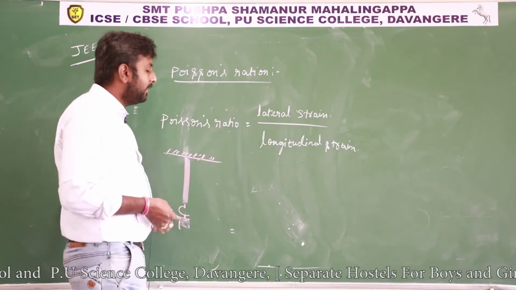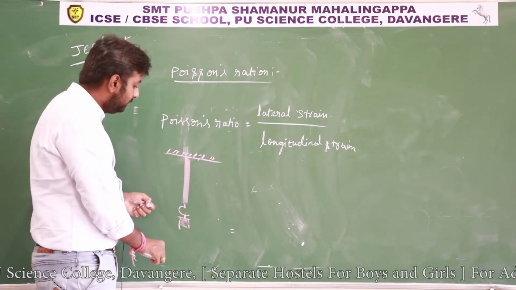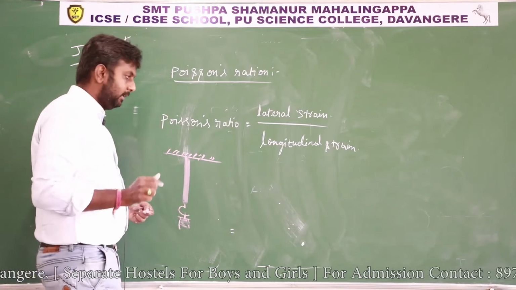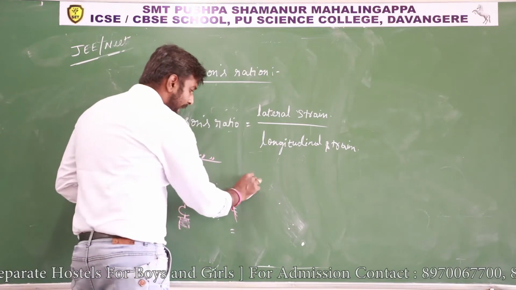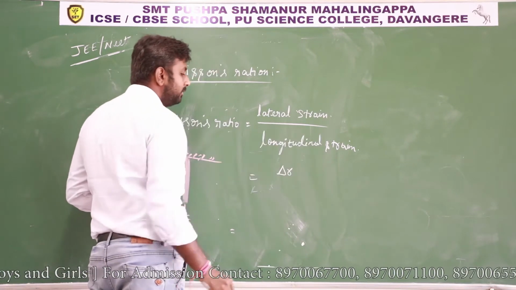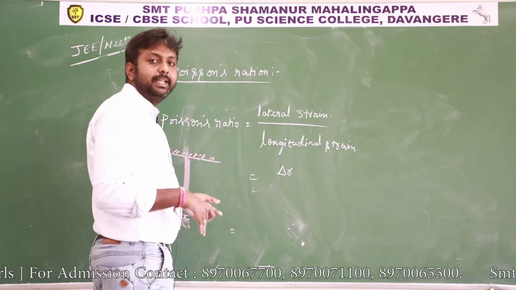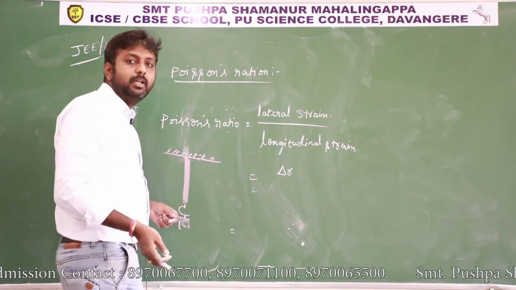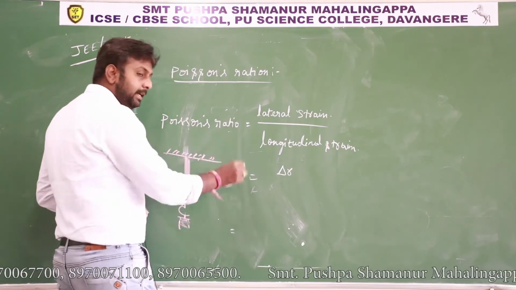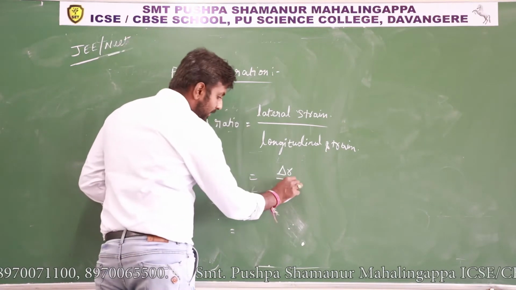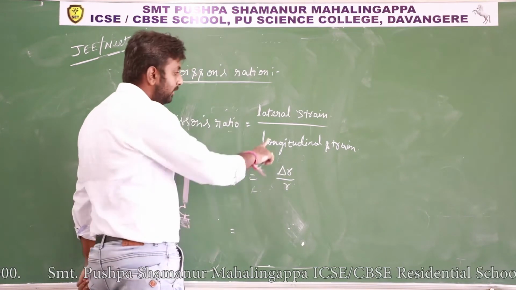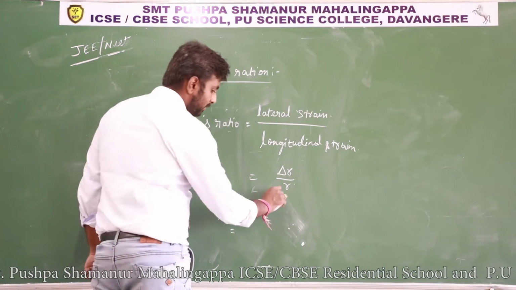Then lateral strain: as the length increases, the radius decreases, and the rod becomes thinner. Strain definition is change in dimension by original dimension, or change in configuration by original configuration. So here the radius is changing, and the change in radius by original radius is called lateral strain.